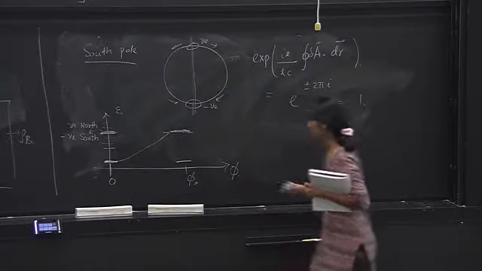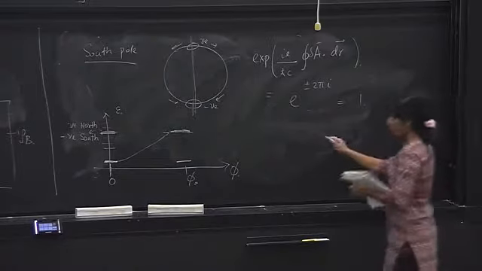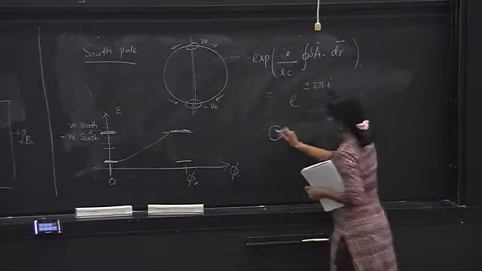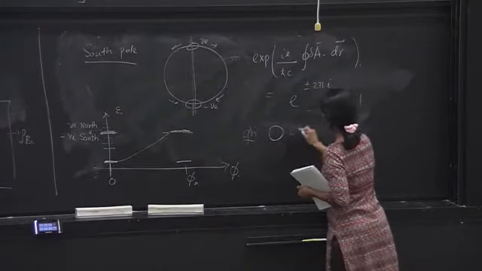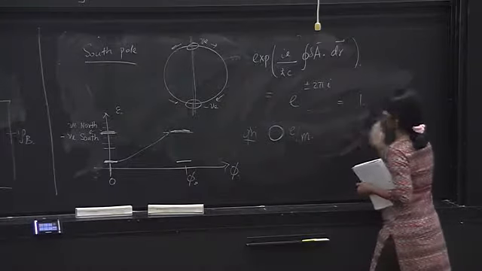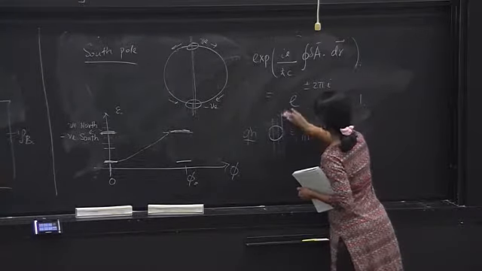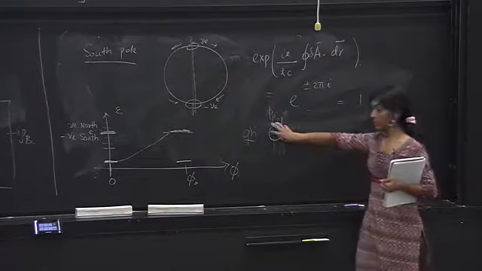So the composite excitation now is this blob. This is now our quasi-hole, UH. It has charge E over m, but it contains flux, which is phi naught. So this is some composite object.